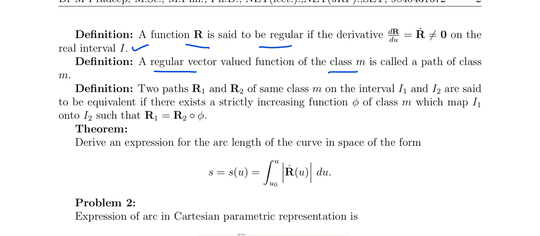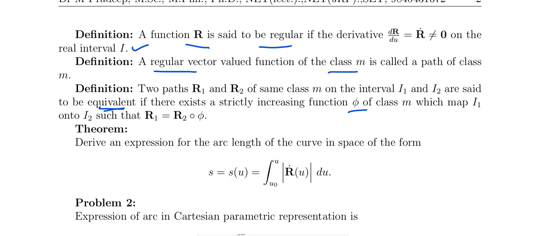And two paths, r1 and r2, of the same class m on the intervals I1 and I2 are said to be equivalent if there exists a strictly increasing function phi of the class m which maps I1 onto I2 such that R1 equal to R2 of phi.